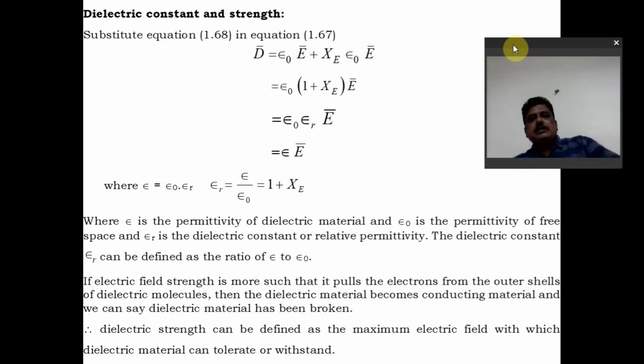The dielectric constant epsilon r can be defined as the ratio of epsilon to epsilon naught.